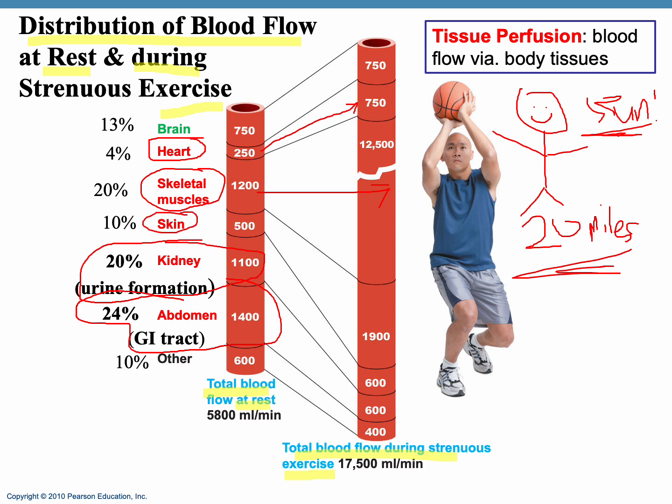And there'll be more blood flow going through the layers of skin too. There's going to be a decrease in the amount of blood flow to your GI tract and kidneys.